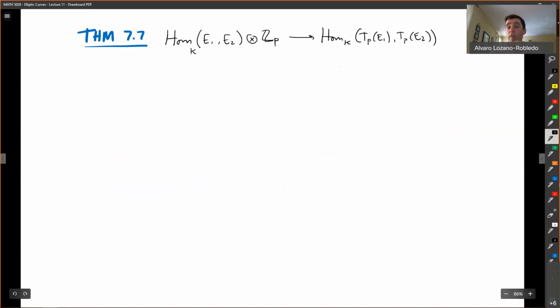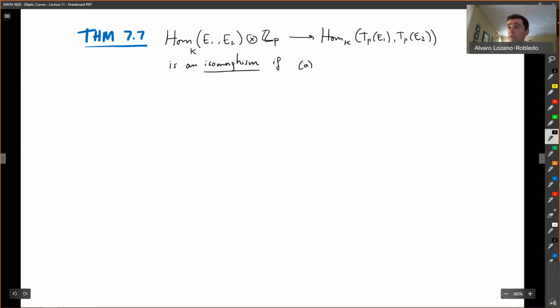But now over the base field, it is quite tricky to show that this is in fact an isomorphism. In the book you can find the proof that this is injective, but it is an isomorphism in two cases.